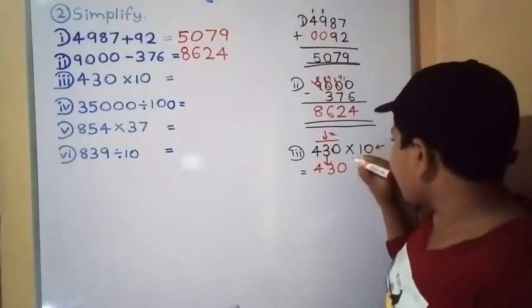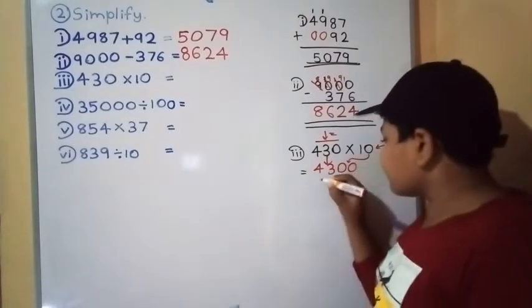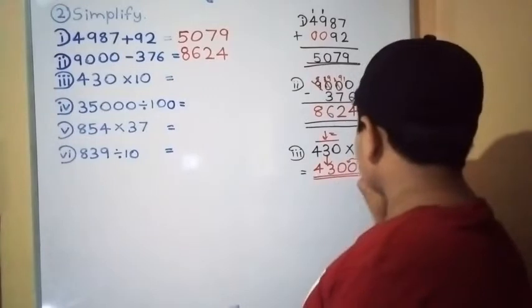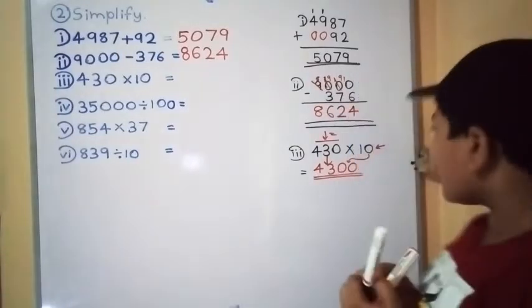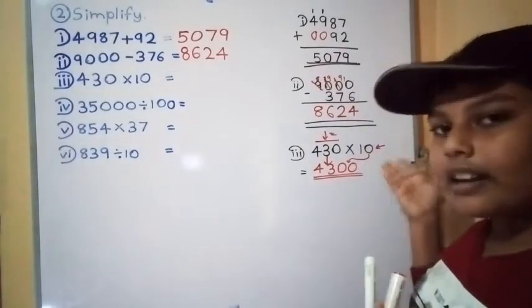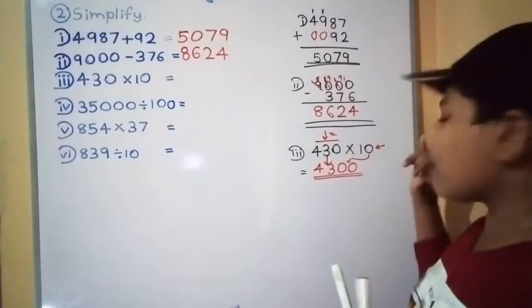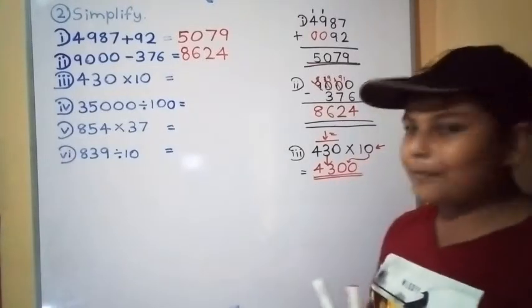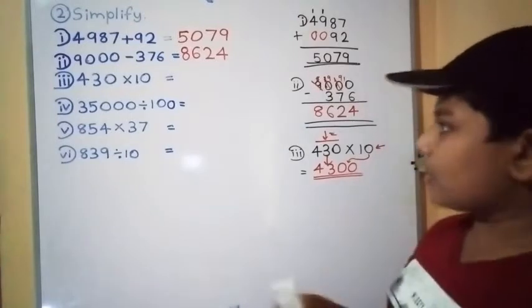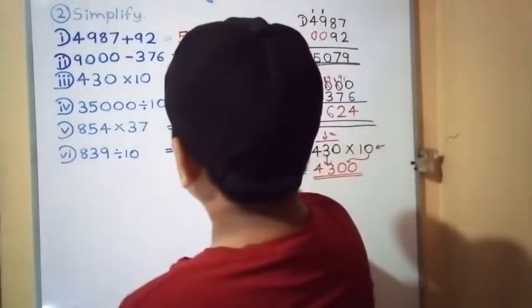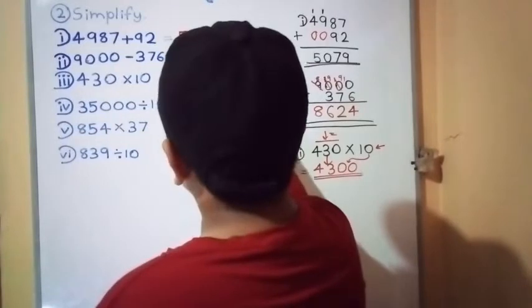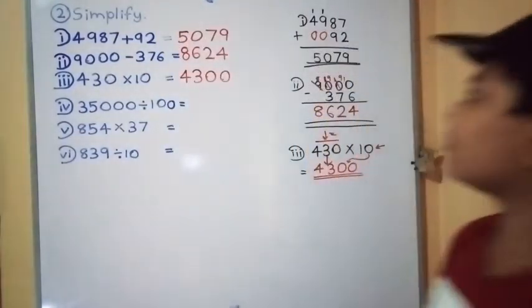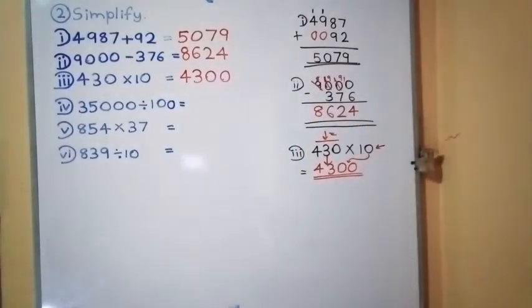Now, you want to add that like this. If you have 100, you want to add another 0. If you have 1000, it has 3 zeros, so you want to add 3 zeros. Like that. Now, what is the answer? 4300. That is the answer.